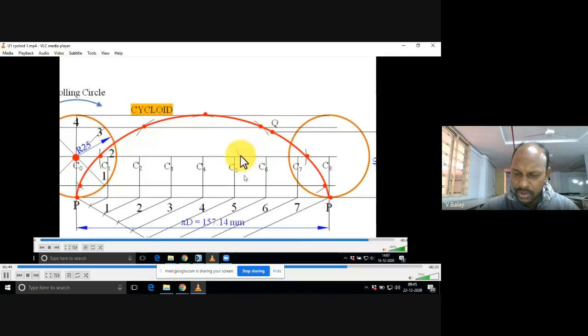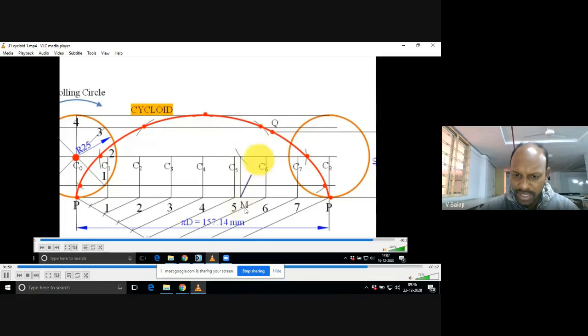Thereafter, drop down one vertical line onto the ground PP line. From this arc I have drawn one vertical line touching the ground. That point I am calling M.